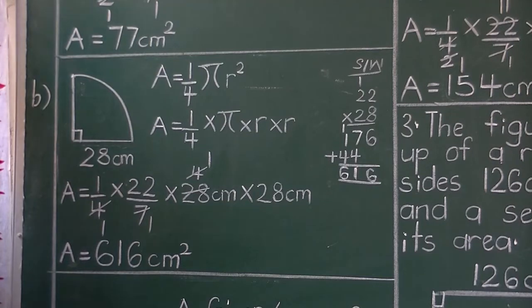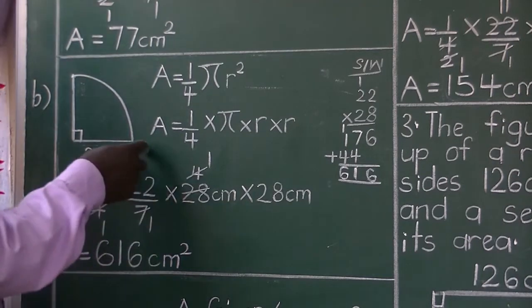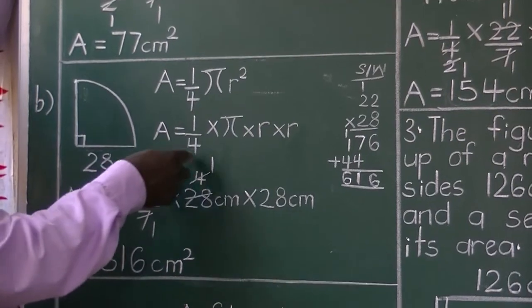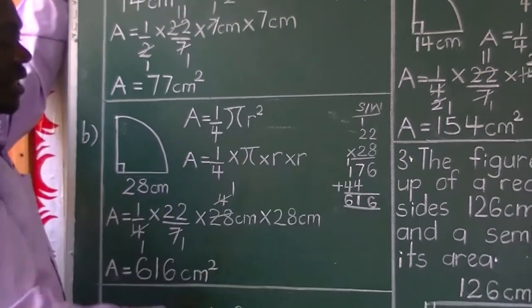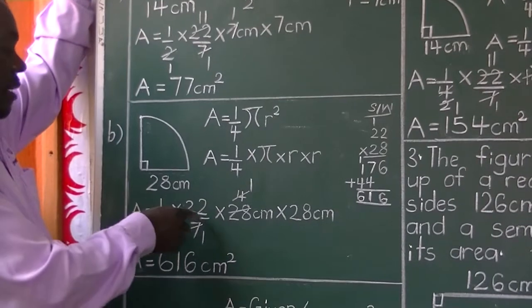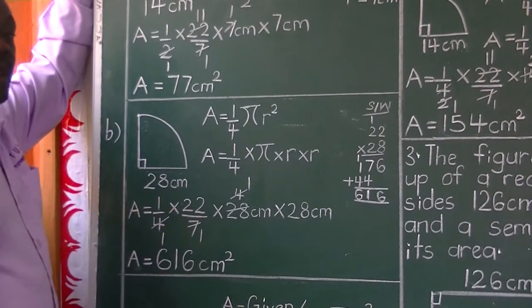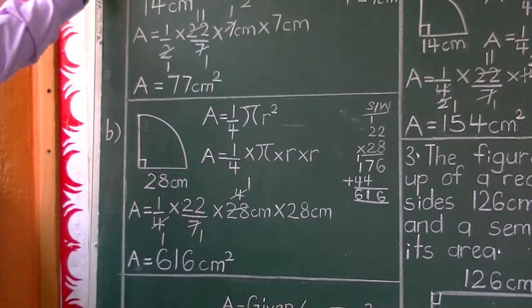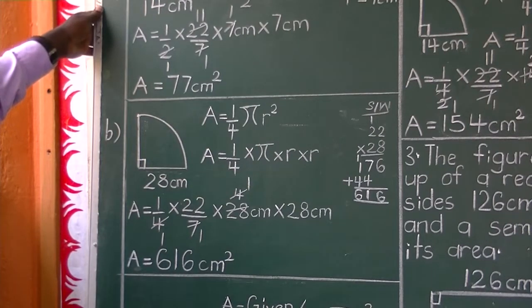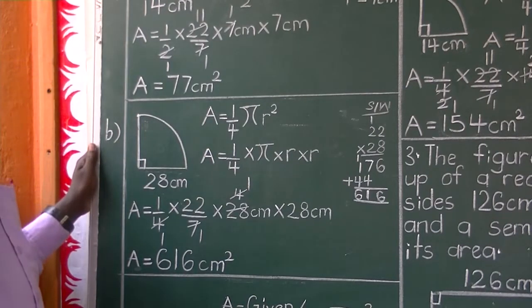Now that we have got the radius, we don't need to look for it, just expand. Area equals a quarter times pi times radius, then a quarter times 22 out of 7 times 28 centimeters times 28 centimeters, because the radius given, 28, is the fourth multiple of 7.